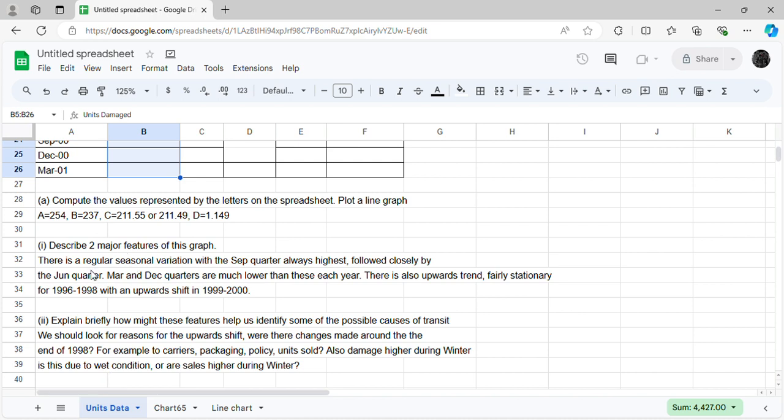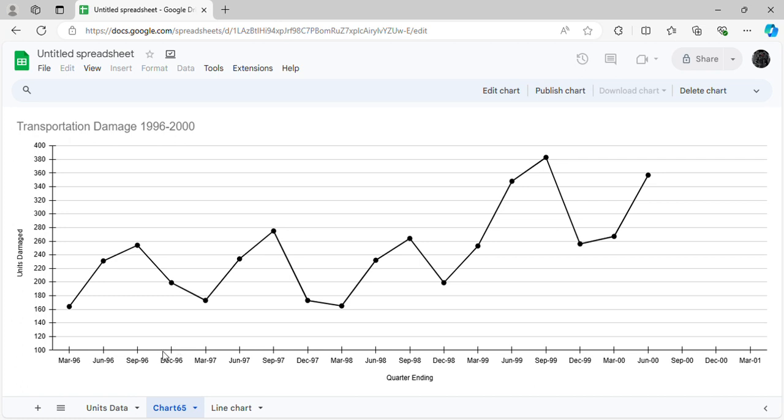There is a regular seasonal variation with the September quarter always highest, followed closely by the June quarter. March and December quarters are much lower than these each year. So as we can see, December and March are quite low for each year.